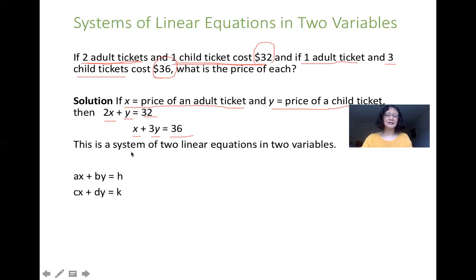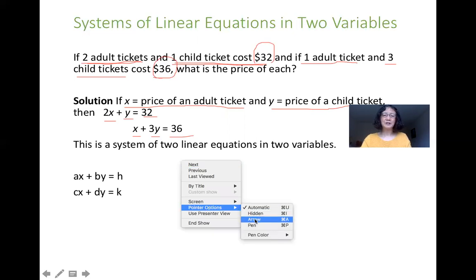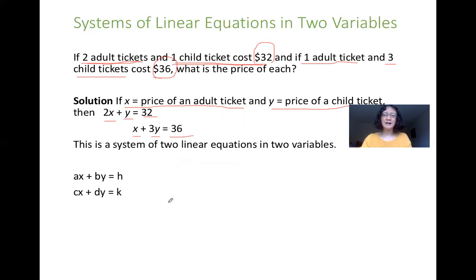Generally, the format for a system of linear equations is ax plus by equal to h, cx plus dy equal to k. Our task is to solve for x and y so that they satisfy both equations.